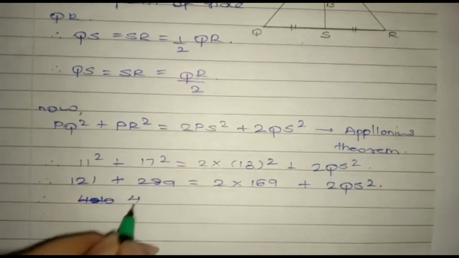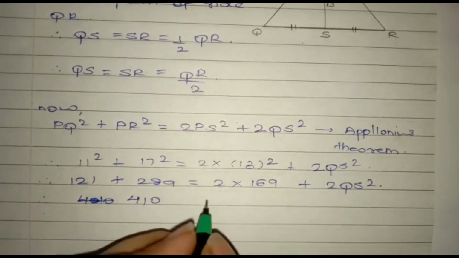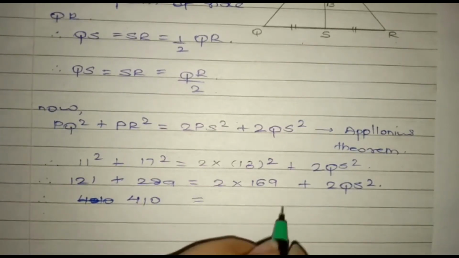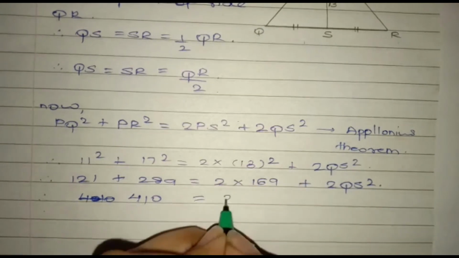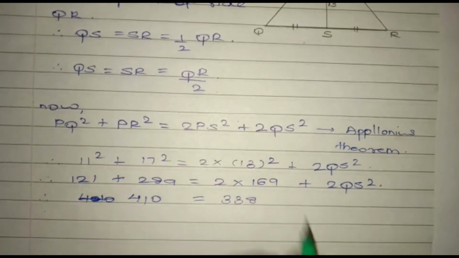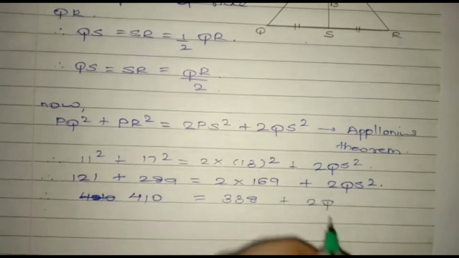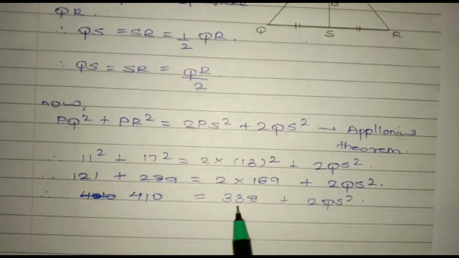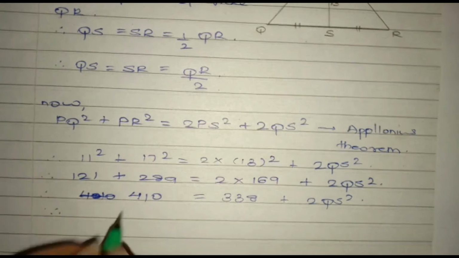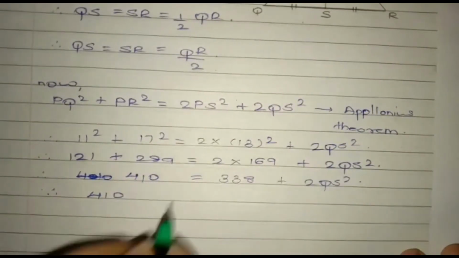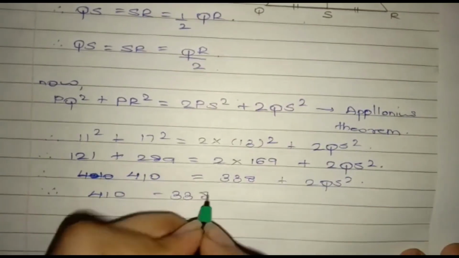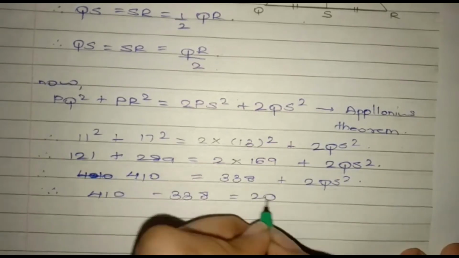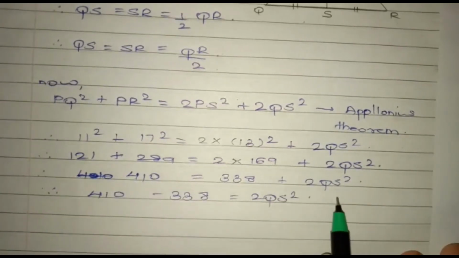Now 121 plus 289 gives us 410, which is equal to 2 into 169, that gives us 338, plus 2QS square as it is. Now we'll take this 338 on the left hand side, that is 410 minus 338 is equal to 2QS square.